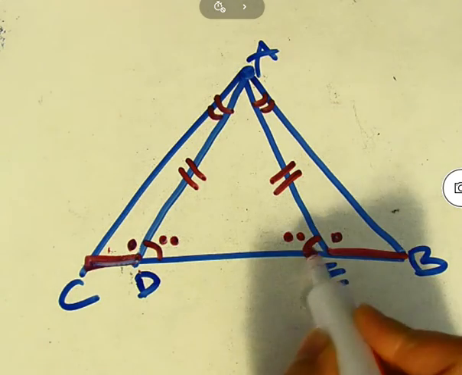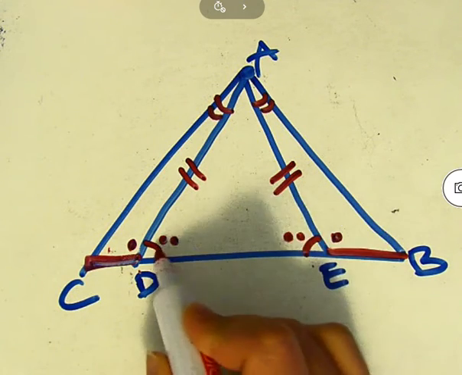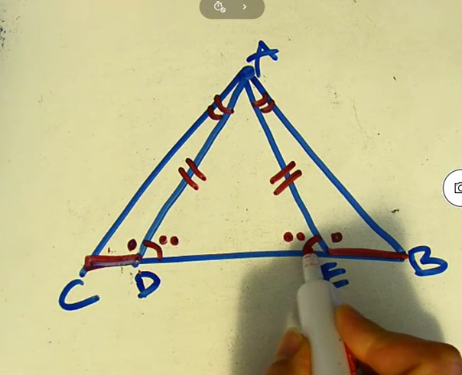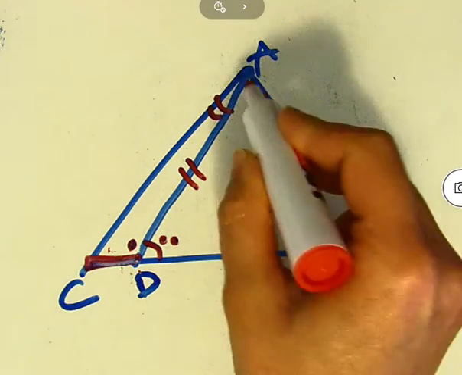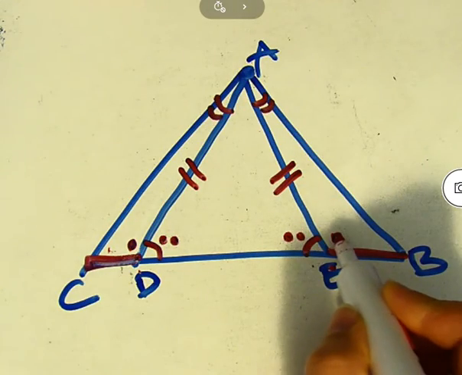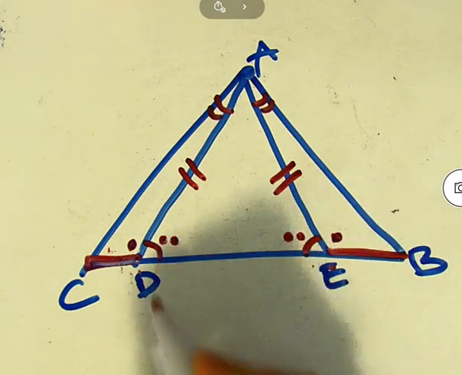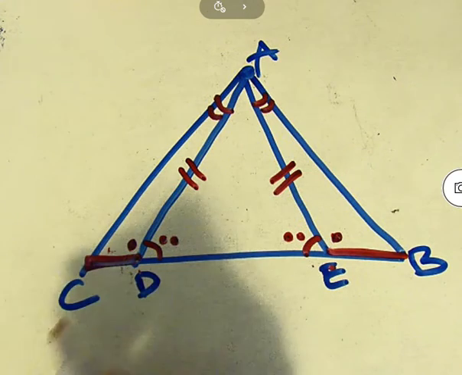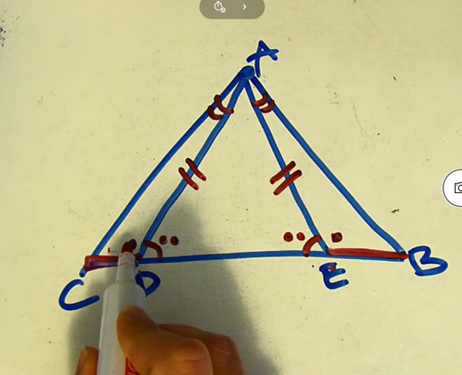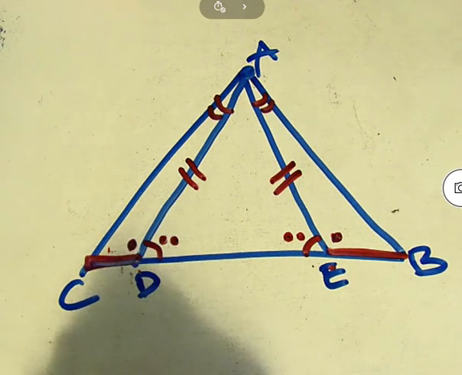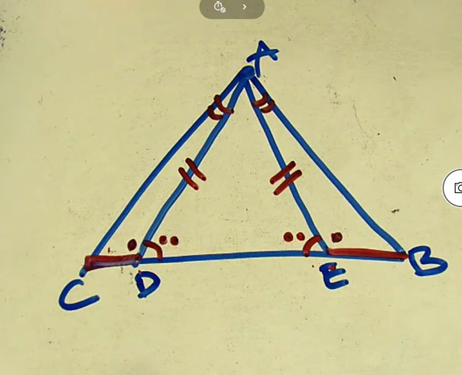But I also know that these 2 angles are congruent to one another because it's given. Therefore, angle AEB, which is this single dotted angle, and angle ADC, which is this other single dotted angle, are congruent by the congruent supplement theorem.